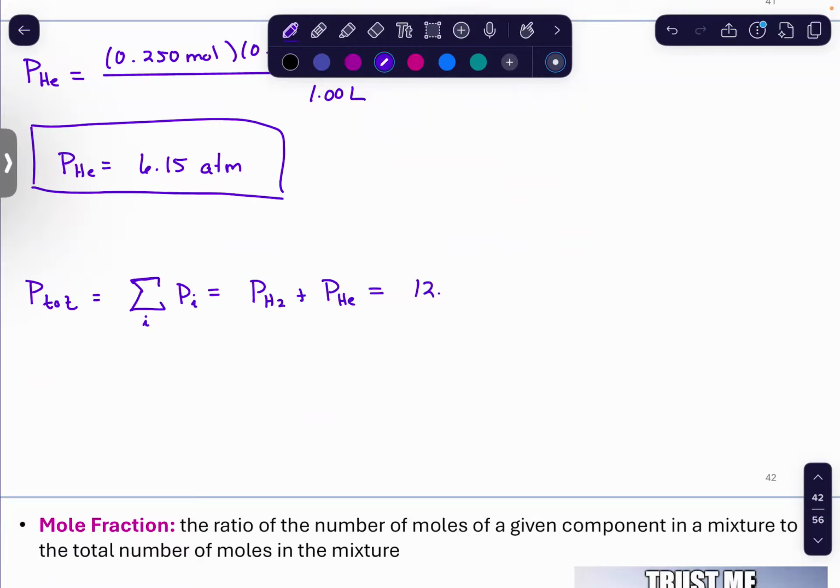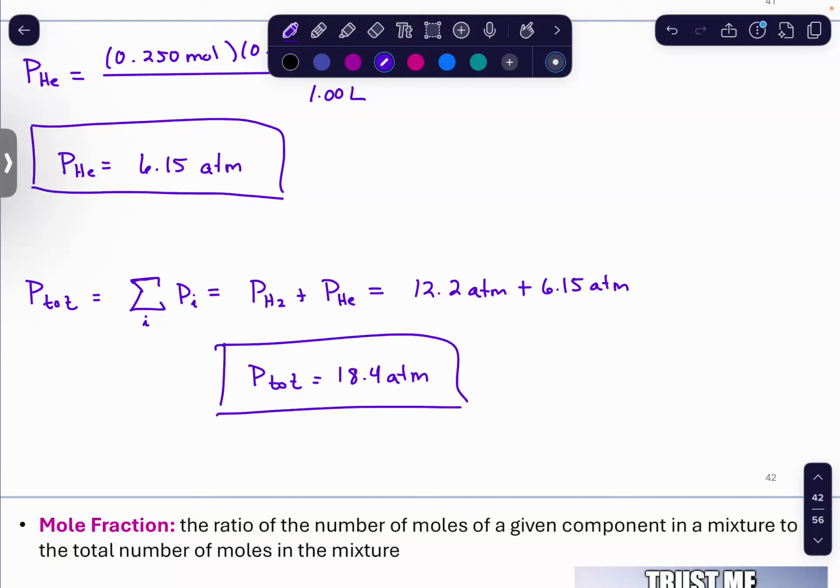It's going to be 12.2 atmospheres plus 6.15 atmospheres. Total pressure is going to be 18.4 atmospheres for our total system. So Dalton's law is pretty straightforward. You're really just finding your partial pressures and adding them all together.